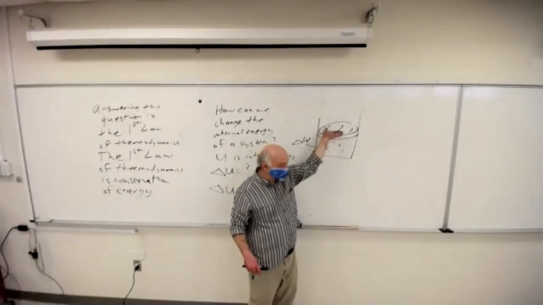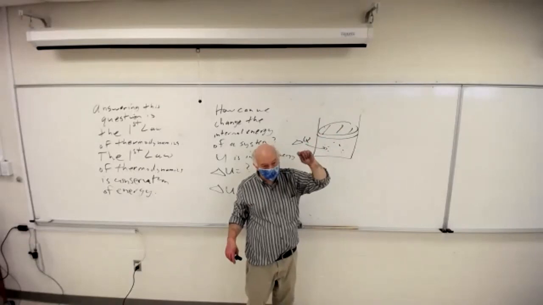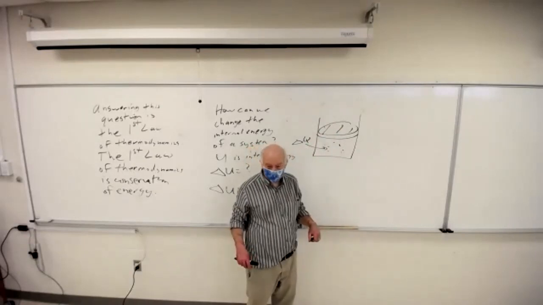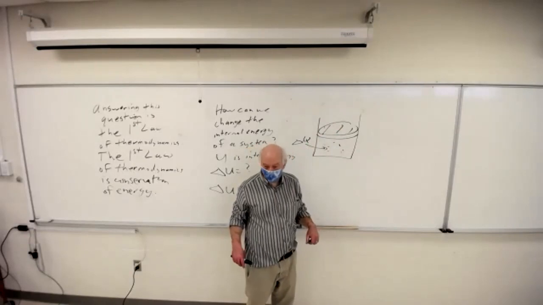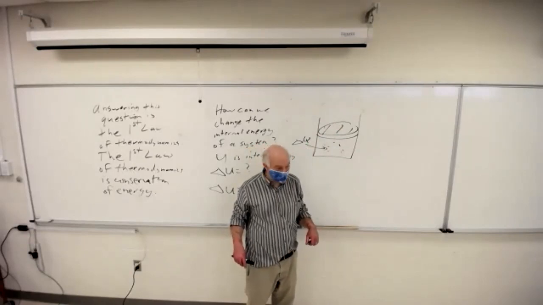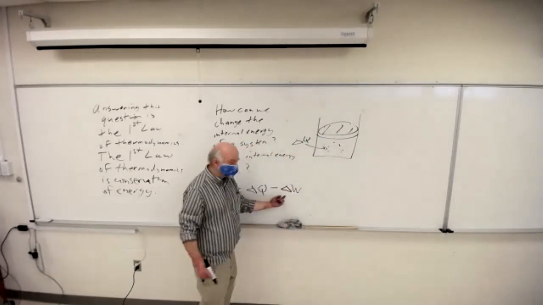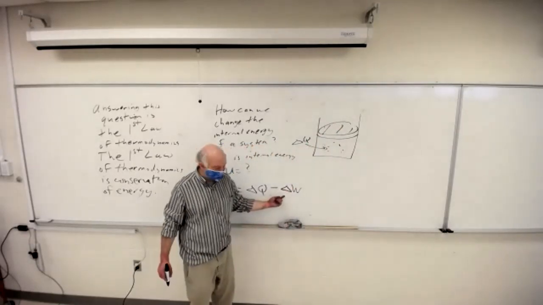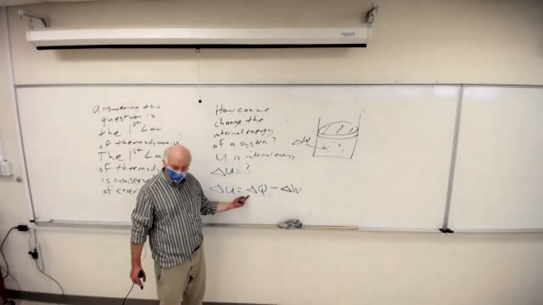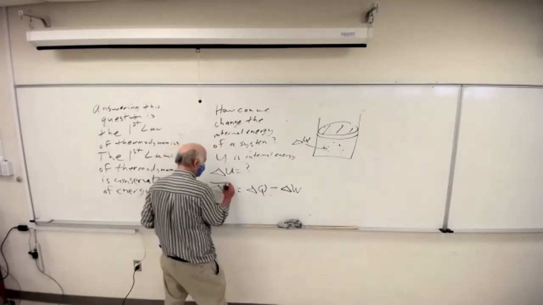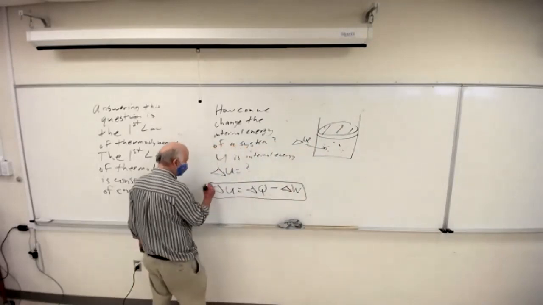If this gas expands and does work on this piston, is that taking away energy or adding energy? It's taking it away. So I also have to subtract any work done by the system. So this is energy you're adding to the system, and this is work being done by the system. And this form here is your first law.